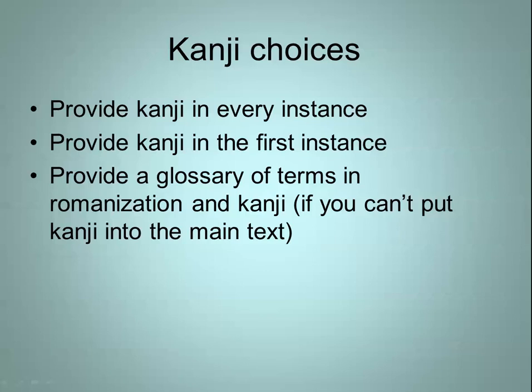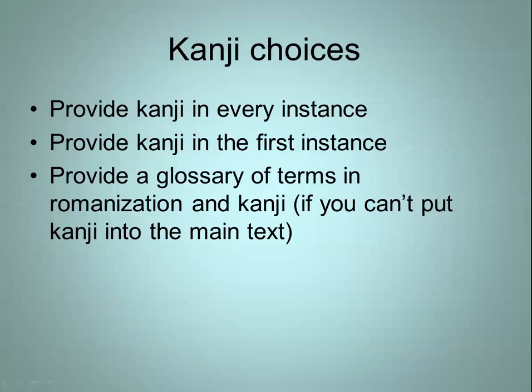As recently as 10 years ago, there were plenty of publishers, publishing houses in North America who refused to input characters into the main body of a text. My second book is a good example of this. My second book had lots of Japanese terms in it, and the publisher said, no, you can't put those terms in.